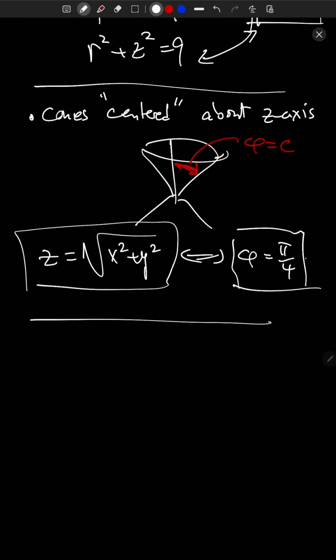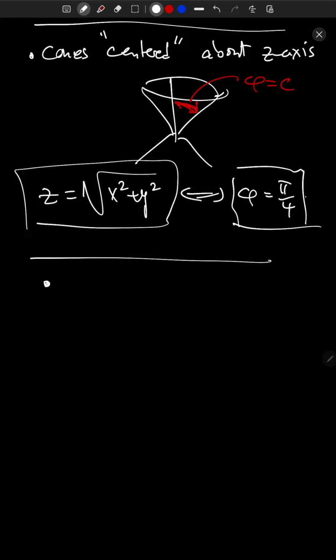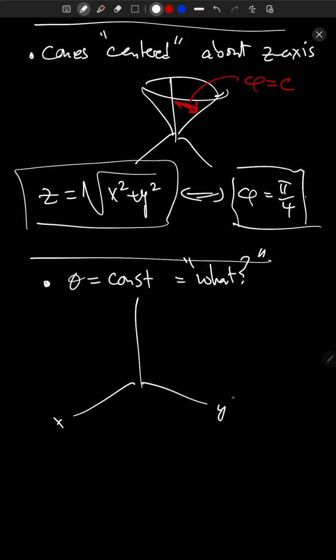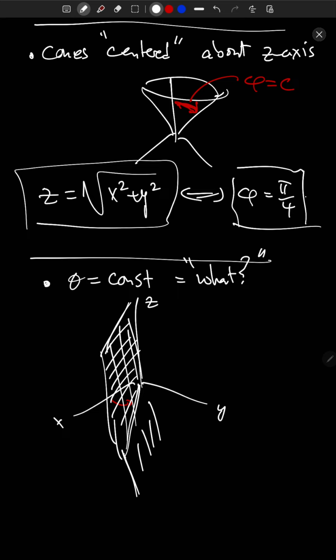What is theta equals constant in terms of the picture? Well, that's going to be where you have x, y, z with a constant angle with the x-axis. And what are the things with a constant angle with the x-axis? It's going to be like a planar region, perpendicular to, of course, the xy plane.